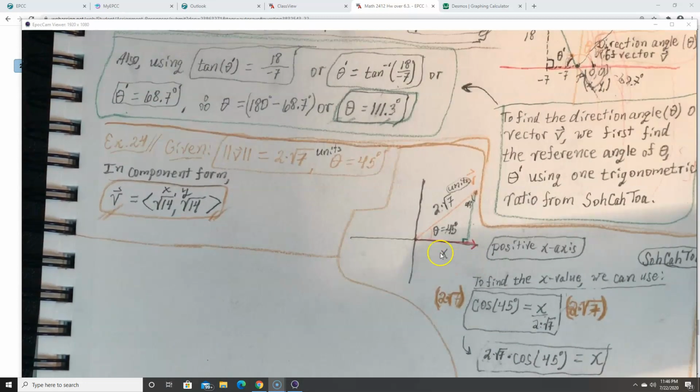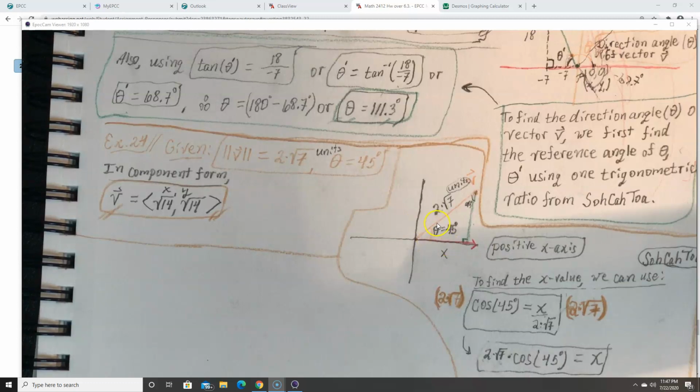There's more than one way to figure out what these side lengths are, but one way would be to use one of the SOHCAHTOA ratios, because you have a right triangle, you know an angle, and you know one of the side lengths, so you can find a missing piece using one of the SOHCAHTOA trigonometric ratios.